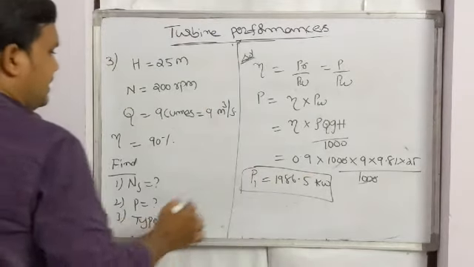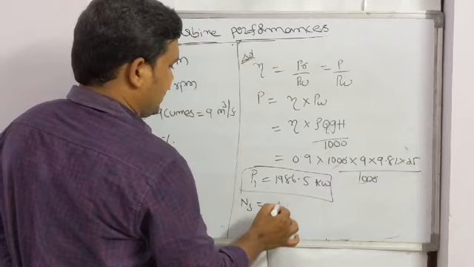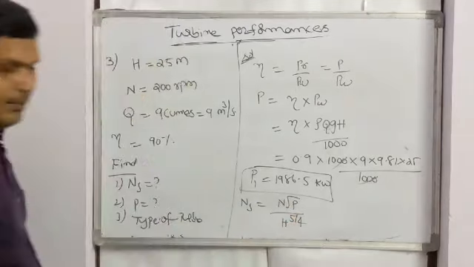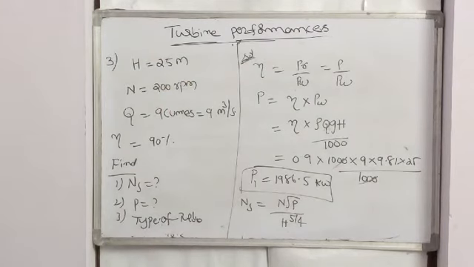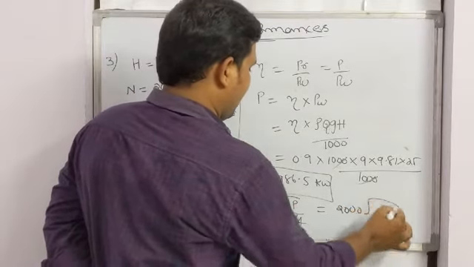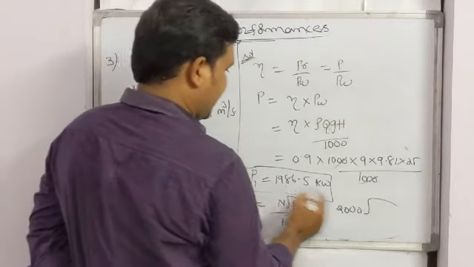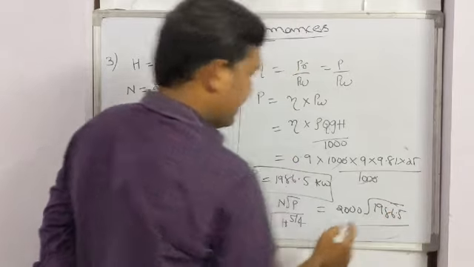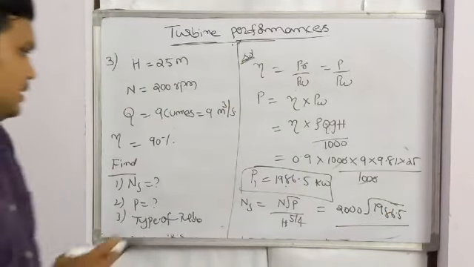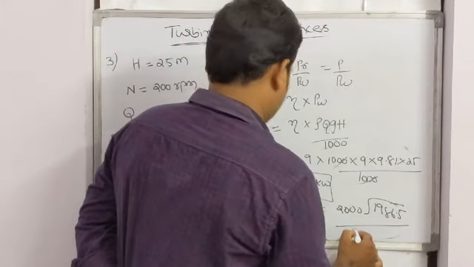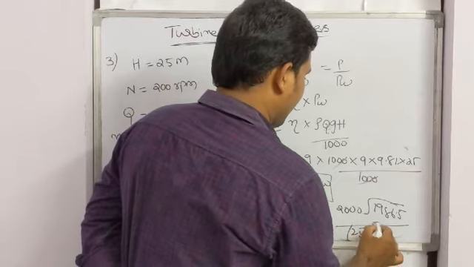Coming to the NS. NS is equal to N root P by H power of 5 by 4. N is already given in the problem as 200. For the 25 meter head we have 1986.5 kilowatt divided by 25 power 5 by 4.